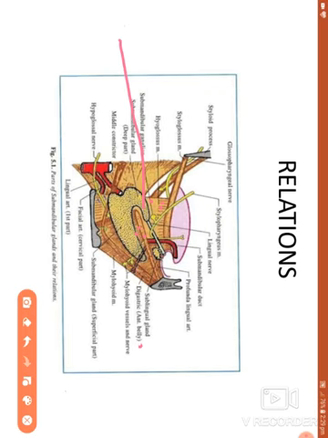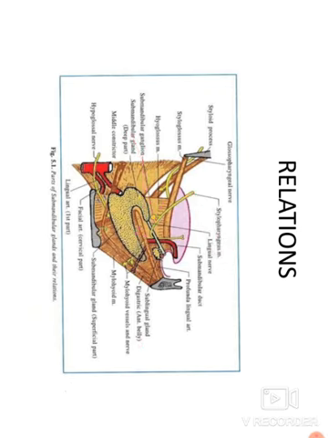Above, see, this is the lingual nerve, it's wrongly labeled, this is the lingual nerve. See, this is suspended by a ganglion here. This is the submandibular ganglion. Above there is a lingual nerve with this ganglion. That's the relations of the deep part.